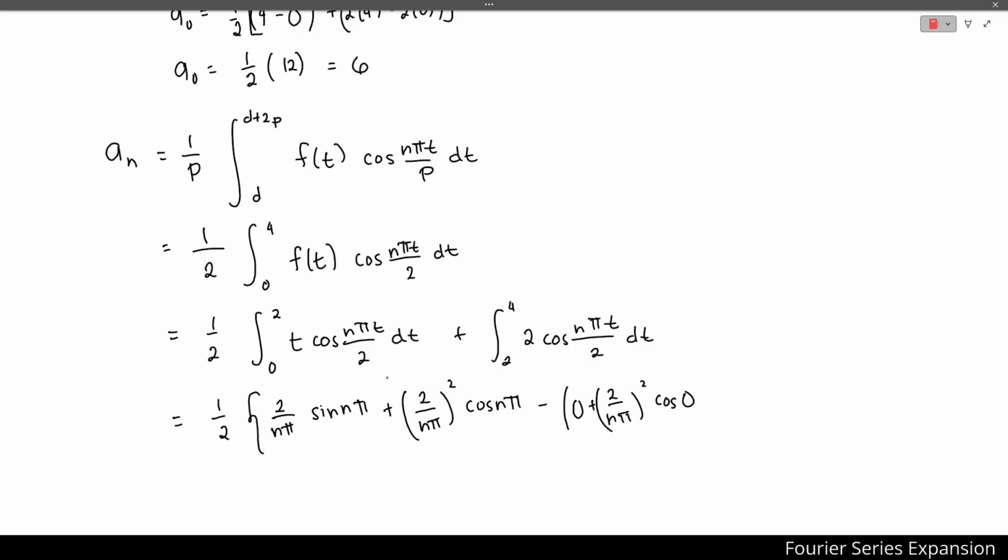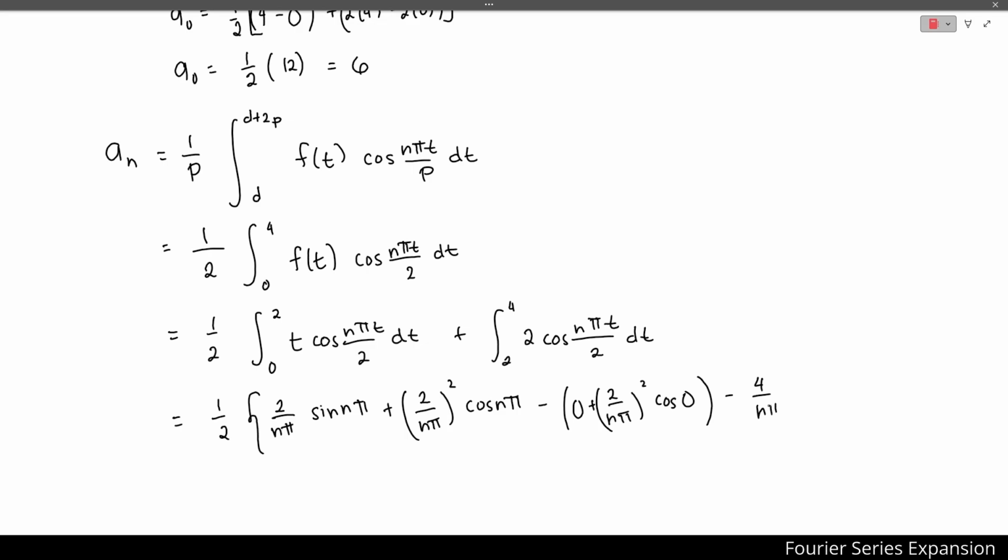So, ang nangyari dito, we did integration by parts. Okay? For this first term, we did IB. Then, for the second term, just straight integration.